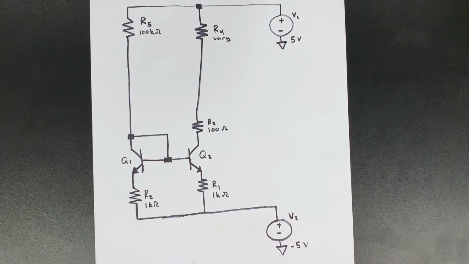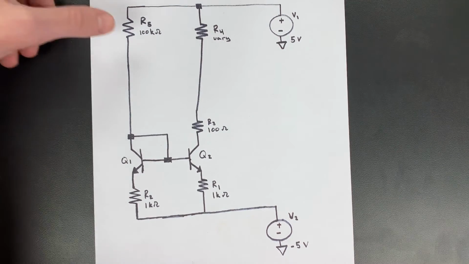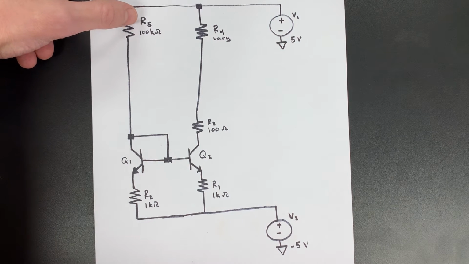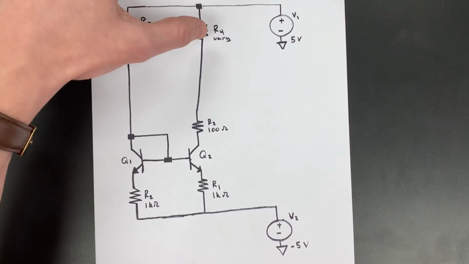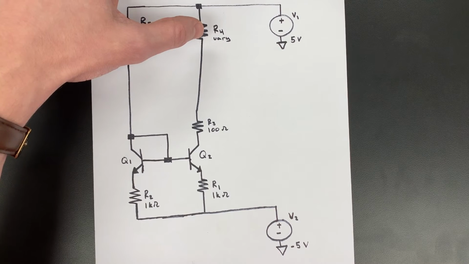And this is the schematic for part B, where we'll have R5 actually measuring out to 91.6 kilo ohms. R4 will vary from the breadboard.